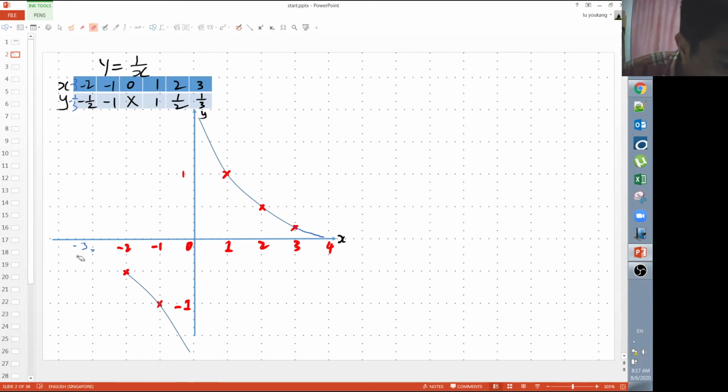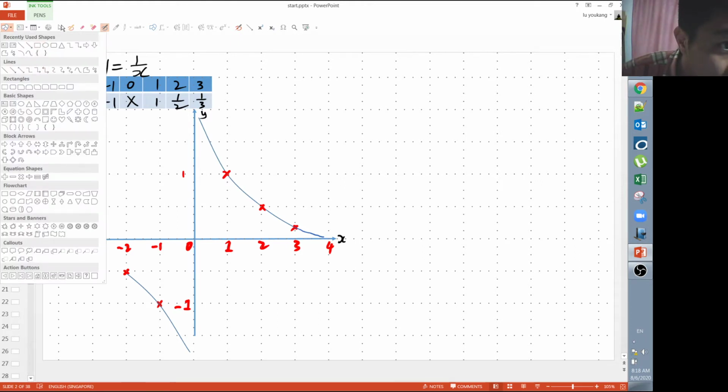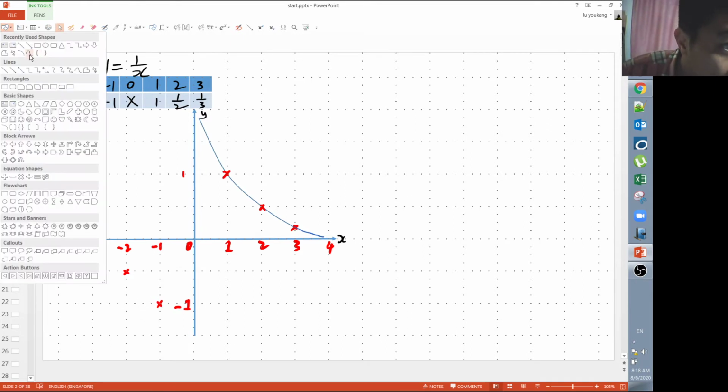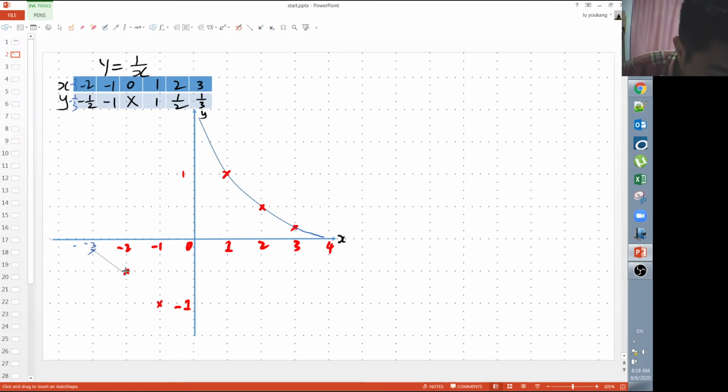Labeling is here. This is points. So let me continue. Connect the dots together. Here, here, and here, and here, and here, right?